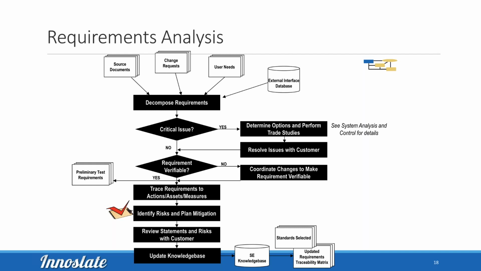Another aspect in all our processes is we want to make sure risk is explicit and explicitly thought about, because risk is a technical problem. Identifying those risks is absolutely critical. Managing the risks is a management problem, but the risk identification occurs by the technical folks, the design engineers, the systems engineers who are doing this work. And of course, reviewing all those statements, requirements, and risks with the customer, making sure they're happy, and ultimately updating our knowledge base, which we use Innoslate for.